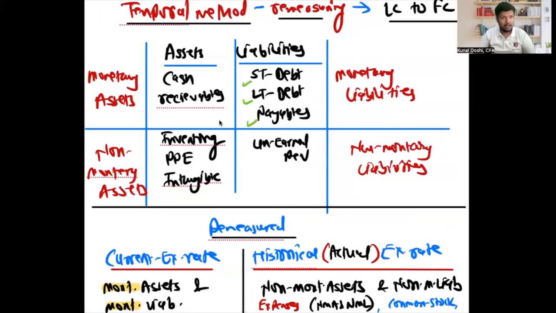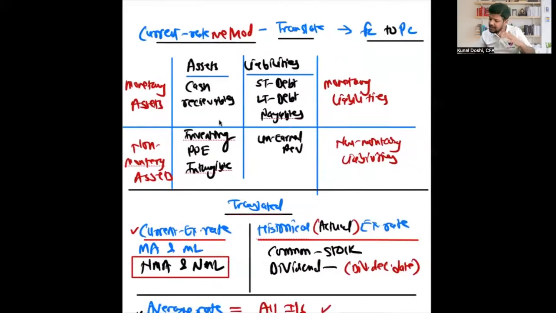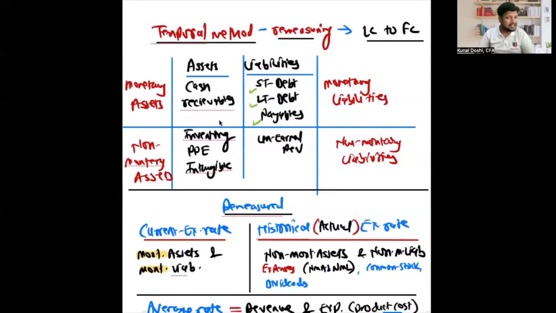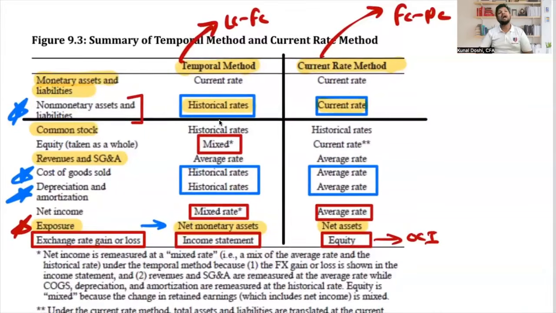current rate method. The current rate method does not have a classification of monetary and non-monetary. Under current rate, they both are the same thing. Okay. Now, what is the difference under the temporal method? You can actually check it from your notes also here: under the temporal method, the non-monetary assets and liabilities are recorded at historical rates, that is of the past.